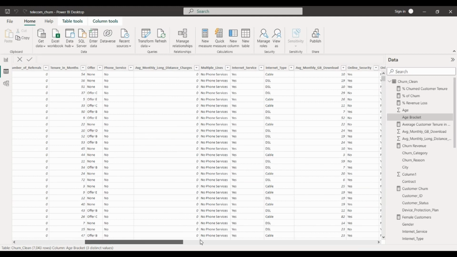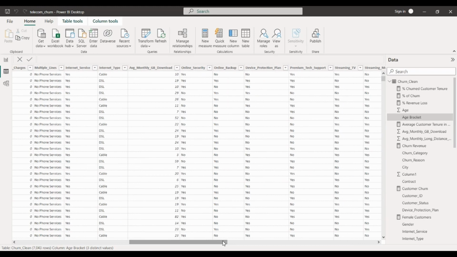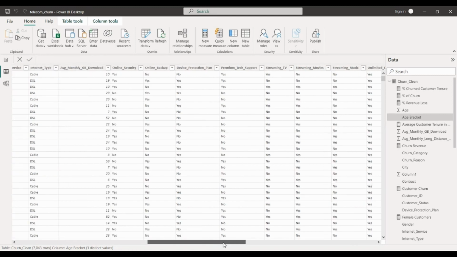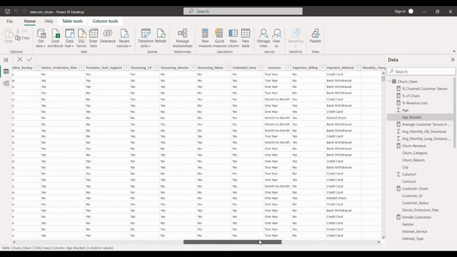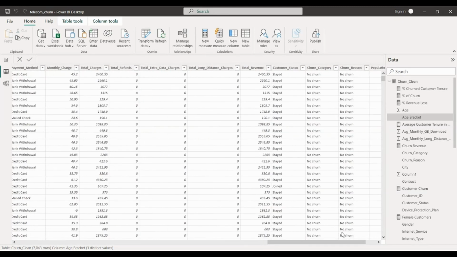There are also some features which are services: average monthly GB download, online security, online backup, device plan. These are all services which the company provides. And furthermore we have contract and paperless billing also. So that's all about the data.